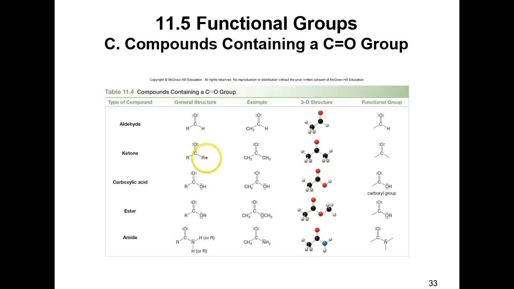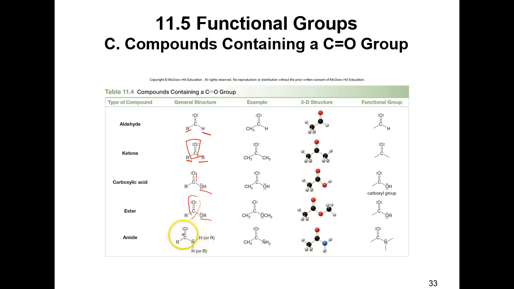All right, and here are the functional groups. There are 5 of them. There is an aldehyde. An aldehyde is a carbonyl with a hydrogen. Okay, and obviously you always have an R group. A ketone is where you have 2 R groups and a carbonyl. Carboxylic acid is a carbonyl with an OH. An ester is a carbonyl with an OR group rather than an OH.